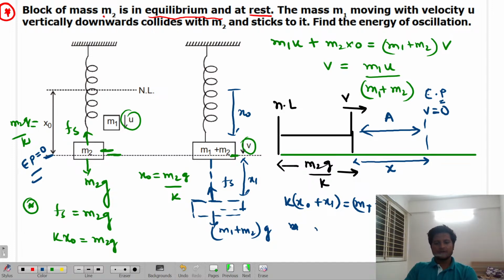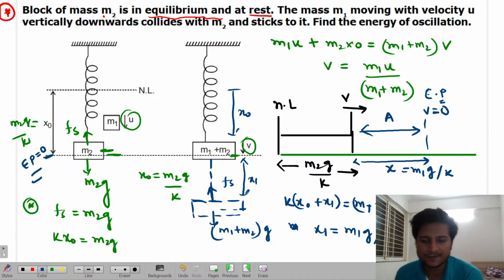So you got your x1 value, x1 must be equal to how much? m1g by k. Is that clear or not? Are you able to get me?